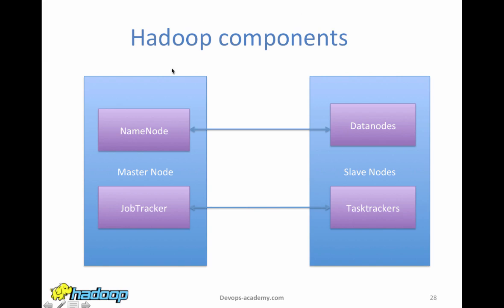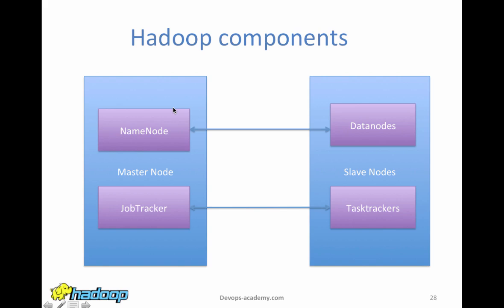So Hadoop components is just an overview of various Hadoop components. So these are master nodes. The left hand side box shows master nodes, and the right hand side shows the slave nodes.